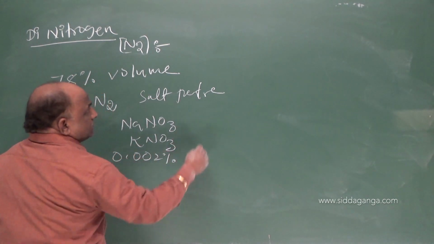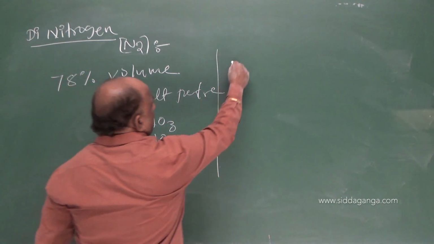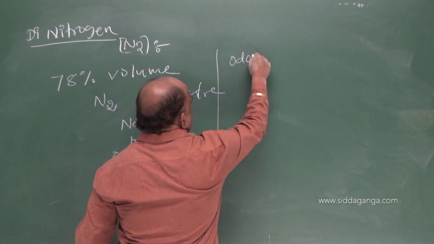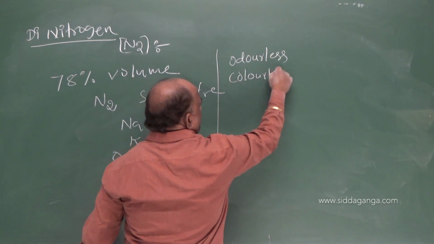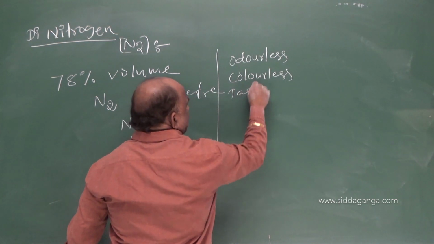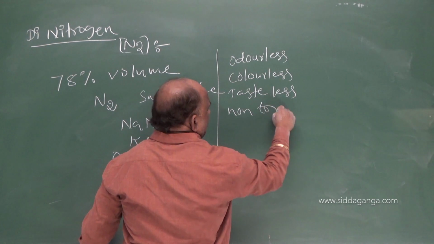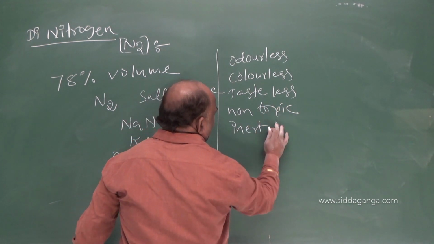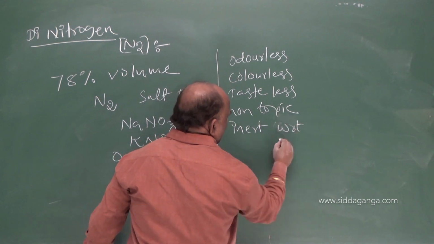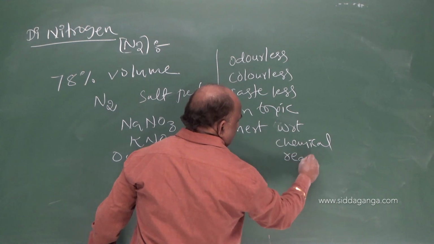There are very important points regarding dinitrogen. This dinitrogen is odorless, colorless, tasteless, non-toxic and inert with respect to chemical reactions.